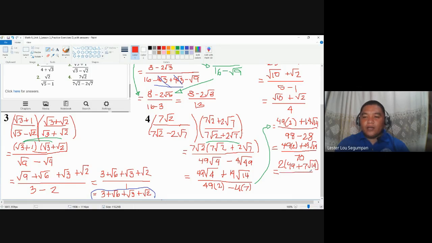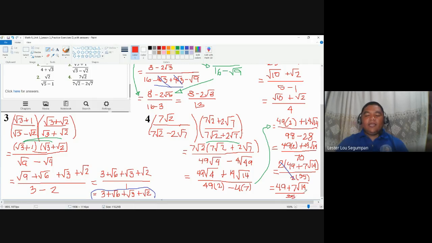And the denominator has 2 times 35 for your 70. Of course, you can still multiply this earlier, but still you're going to factor out. So the final answer for number 4 is 49 plus 7 square root of 14 all over 35.